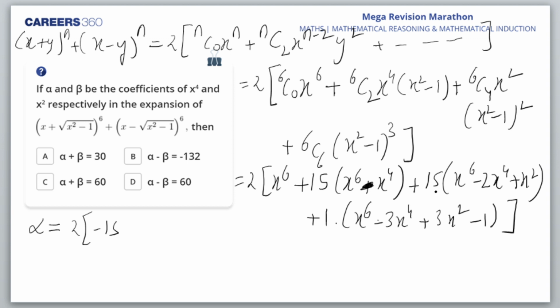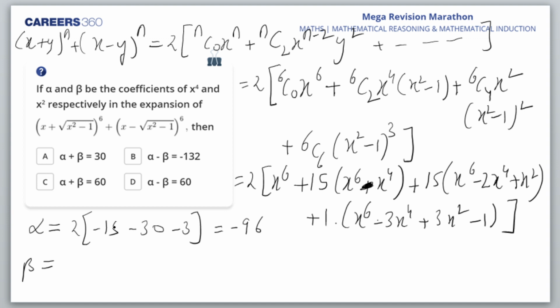Minus 2 into 15, that is minus 30. Okay. And here x^4 is here. So I'll get minus 3. Am I right? So what do I get this as? 45 and 48, so 96, minus 96, am I right?